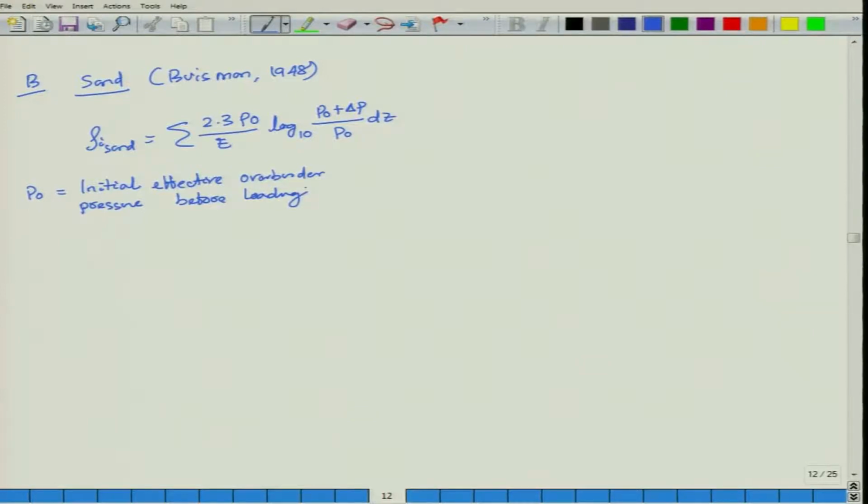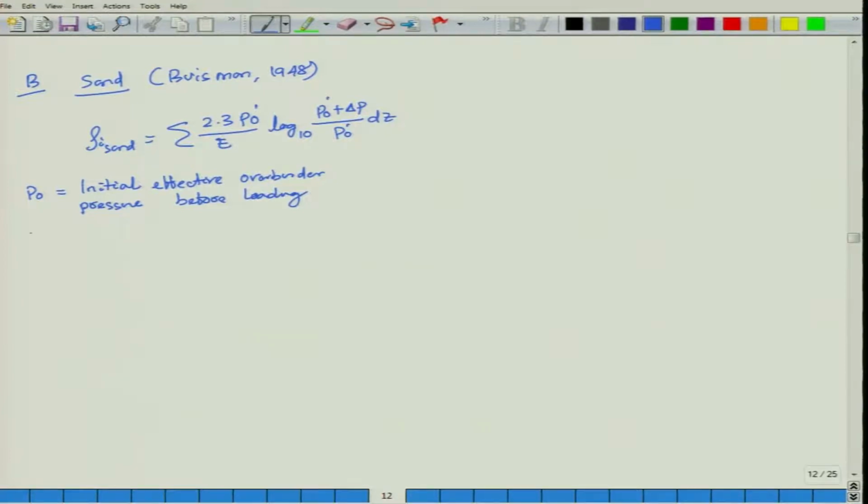In different books it is P0 or sigma 0. So, the initial effective overburden pressure may be P0 or P0 prime. I am talking about effective overburden pressure, so you can write it as P0 prime. It is the initial effective overburden pressure before loading.